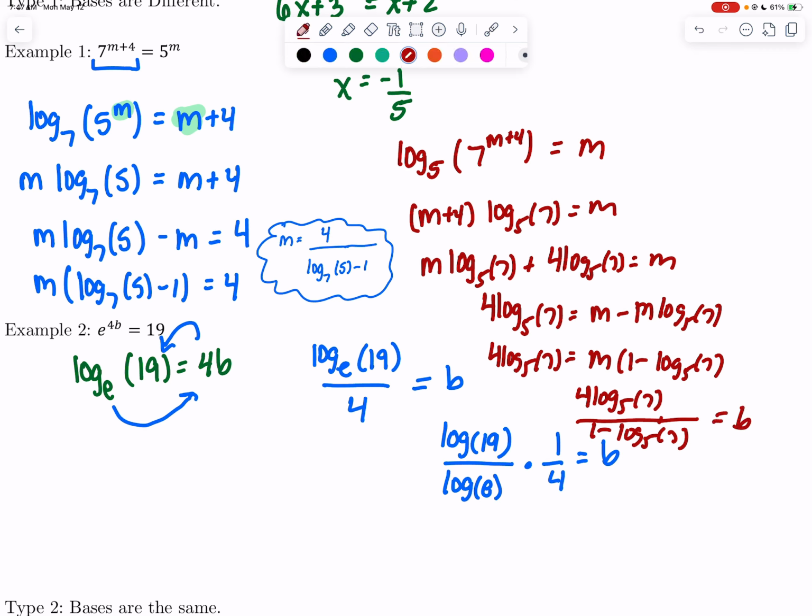You'll also notice that my answers are different. So I have 4 log base 5 of 7 over 1 minus log base 5 of 7. However, I promise you, these two answers are equivalent to each other. If you want to put this on Desmos and verify that they're equivalent, you could do that, so that you can see that they're actually the same.